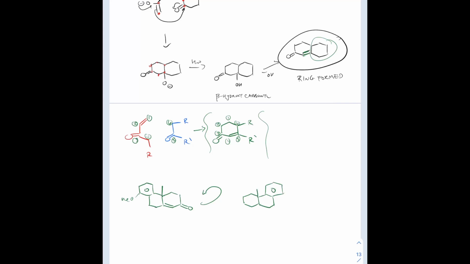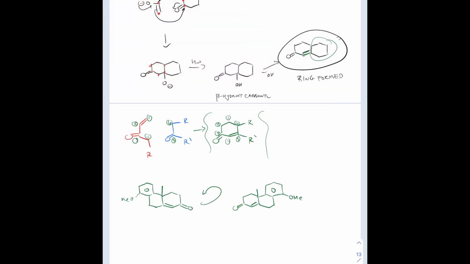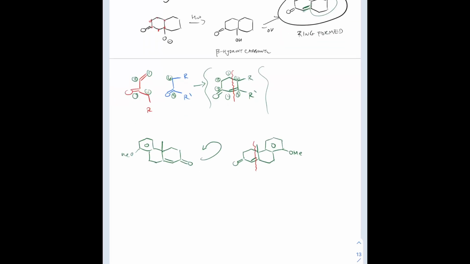So as your book suggests, at first you're probably going to want to orient the alpha beta unsaturated ketone as such, and then what I would do is just slice it right down that portion of the six-membered ring.